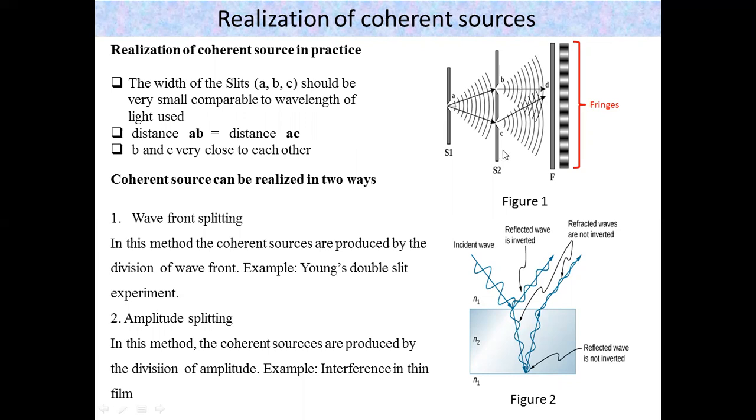The sources B and C are equidistant from the source A. That is, the distance AB will be equal to the distance AC. And the slit A and the slits B and C are very close to each other.